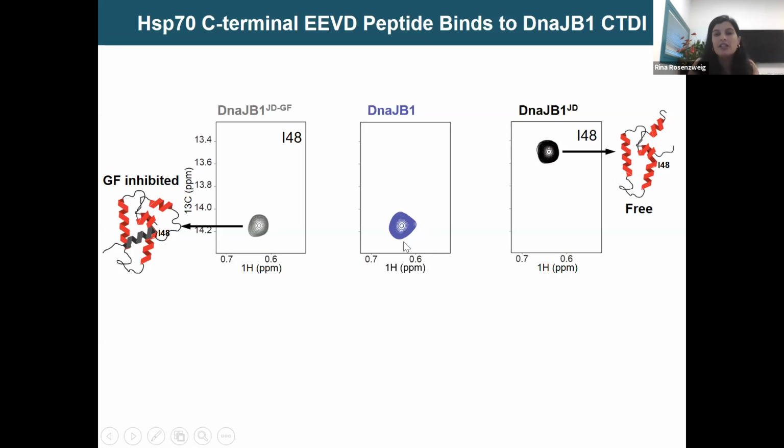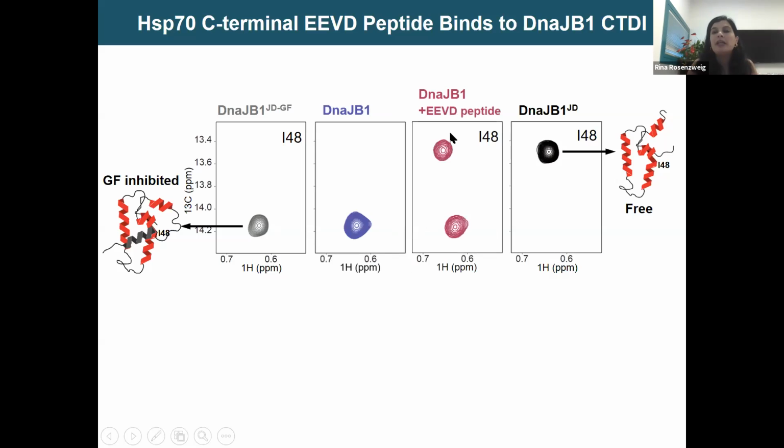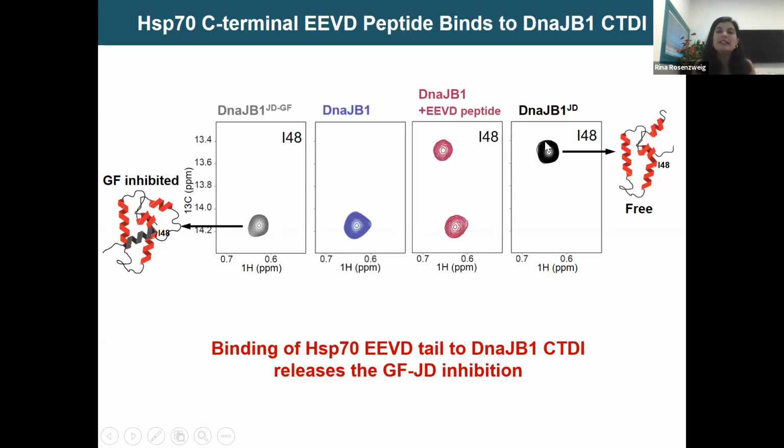In full-length DNAJB1, we can see that the J domain is completely inhibited. But when we added the peptide, we saw this new peak appearing, which corresponds to the open conformation of the J domain.